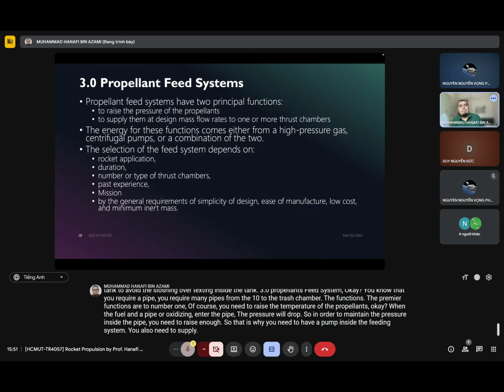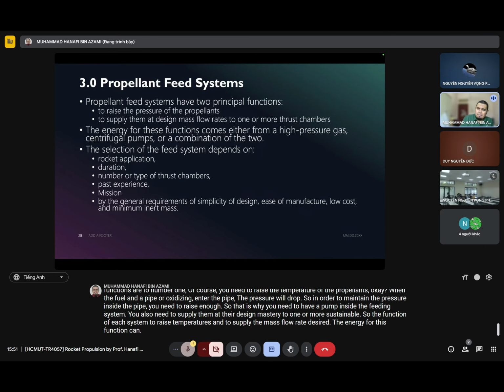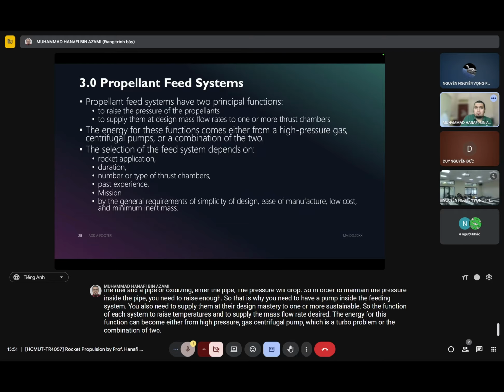You also need to supply them at the design mass flow rate to one or more thrust chambers. So the function of the feed system is to raise pressure and to supply the desired mass flow rate. The energy for this function can come either from high pressure gas, a centrifugal pump, which is a turbopump, or a combination of the two.